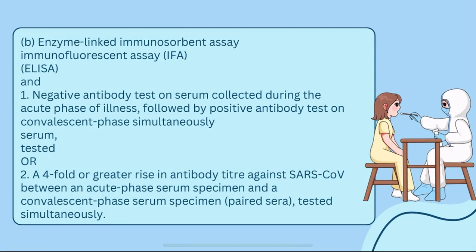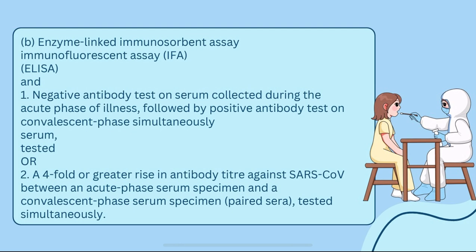The enzyme-linked immunosorbent assay, ELISA, or the immunofluorescent assay, IFA, showing a negative antibody test on serum collected during the acute phase of an illness, followed by a positive antibody test in the convalescent phase.